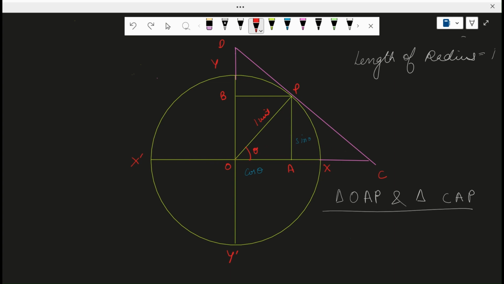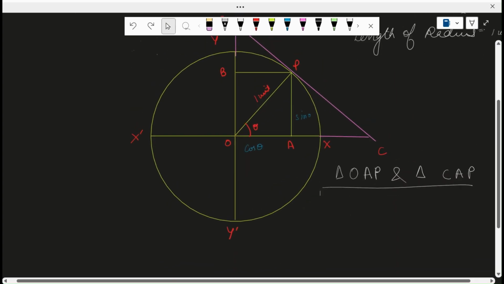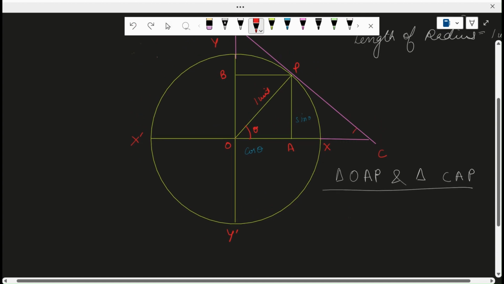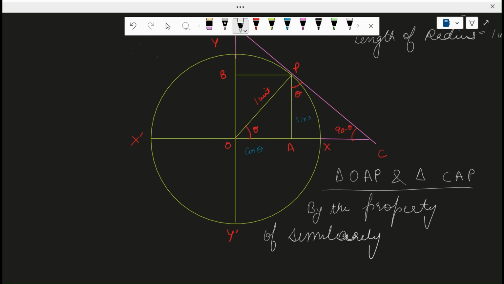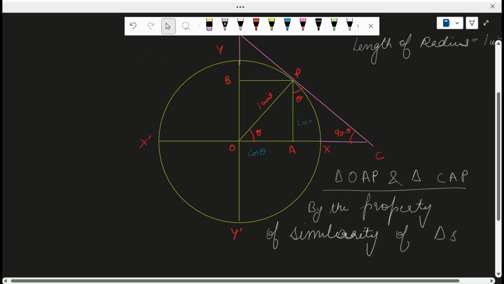Alright, so in both the triangles we mark here 90 minus theta. So what will be this angle? This will be again theta. By the property of similarity of triangles, what do we get?